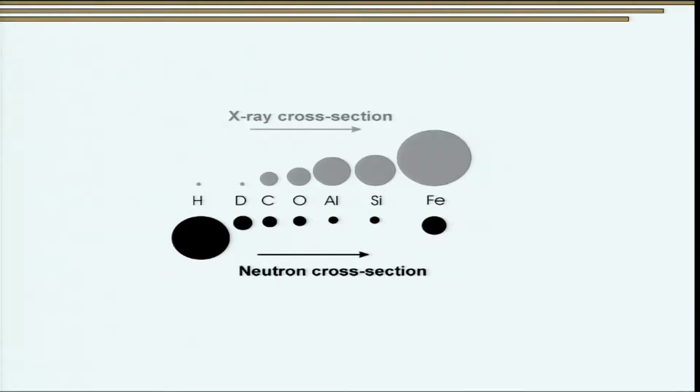You see that materials with high X-ray cross section have low neutron cross section, right. Therefore, if there is a situation where we have a material with high X-ray cross section and high neutron cross section at the same time, we can always use X-ray and neutron diffraction or scattering techniques to complement each other and get complete information from the sample under investigation.